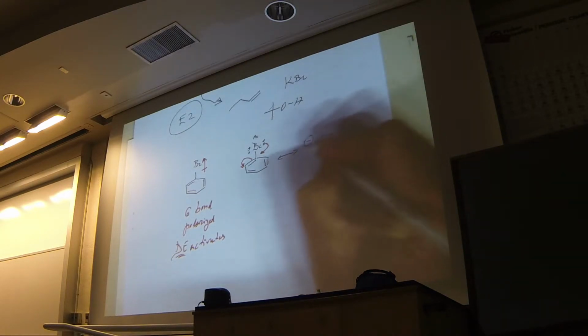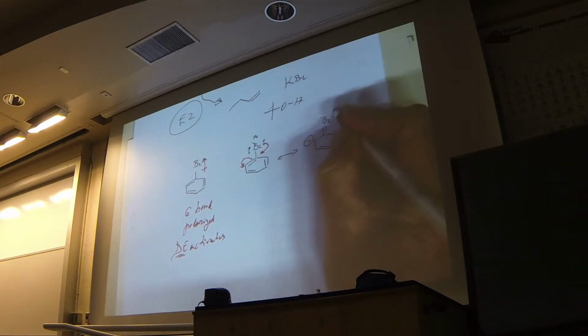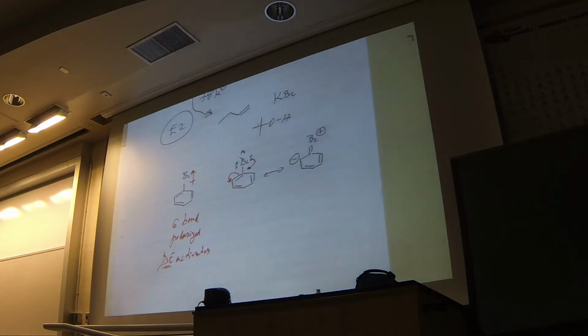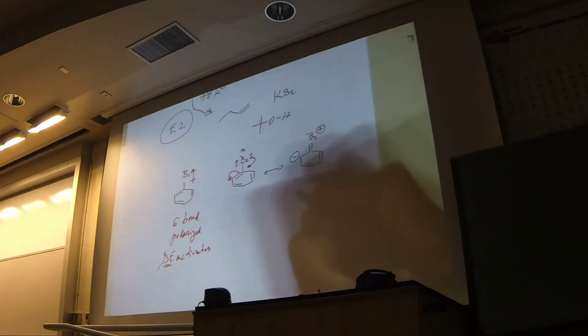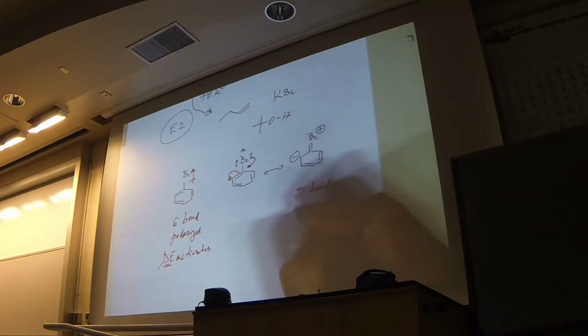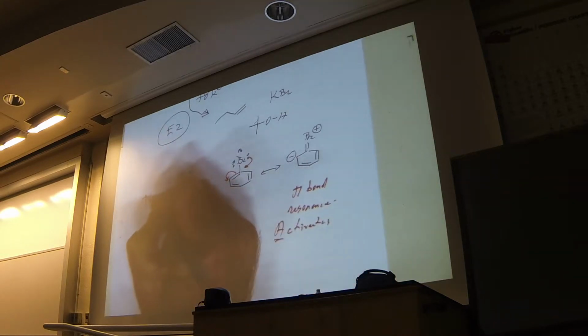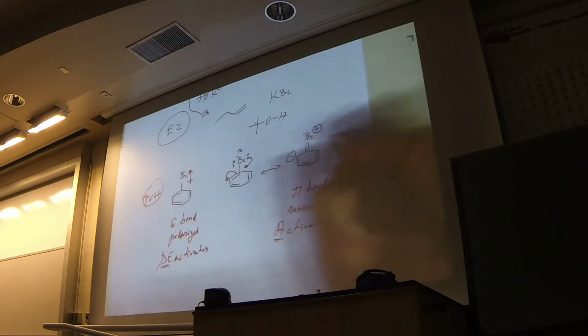But I will have a negative charge there, and I'll have a positive charge there. So this makes it look as if this is operating through the pi bonds. It is a resonance effect, and it activates. So this is the pull, and this is the push.